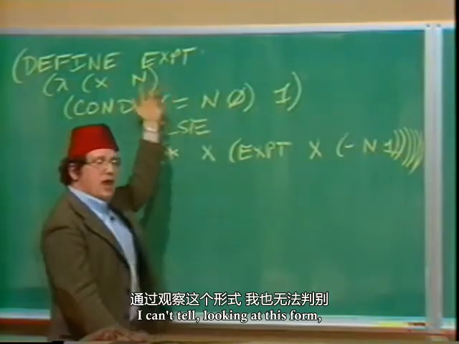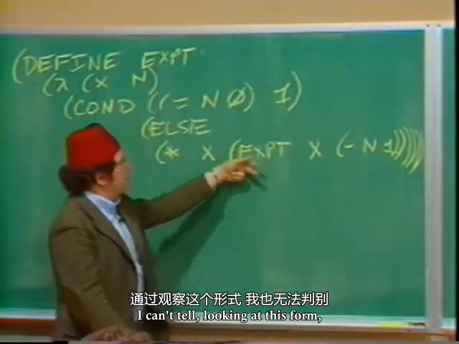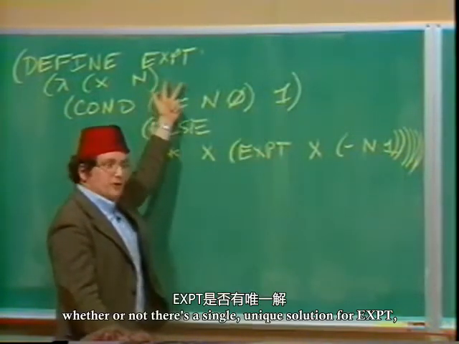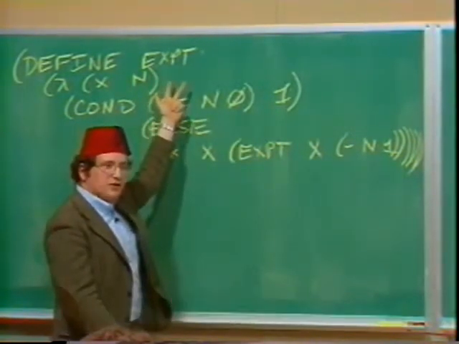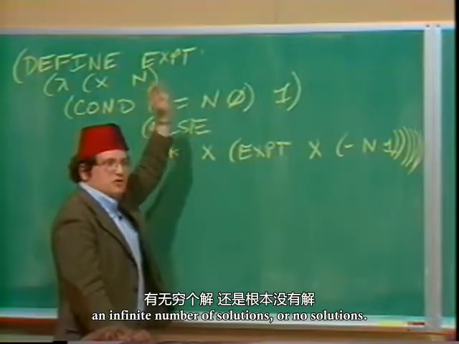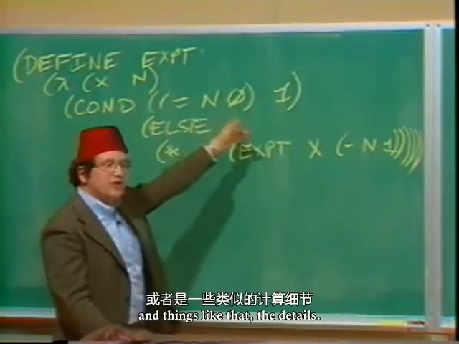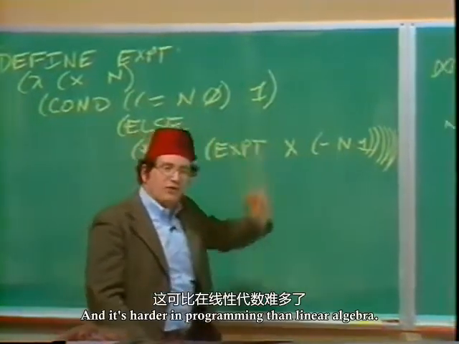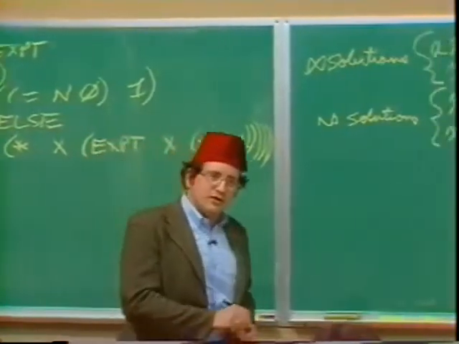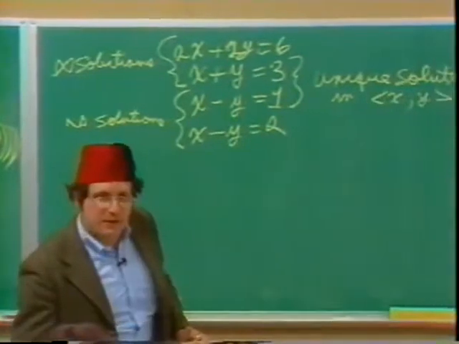Okay? I can't tell, looking at this form, whether or not there is a single unique solution for EXPT, an infinite number of solutions, or no solutions. It's got to be how it counts and things like that, the details. And it's harder in programming than linear algebra. There aren't too many theorems about it in programming.